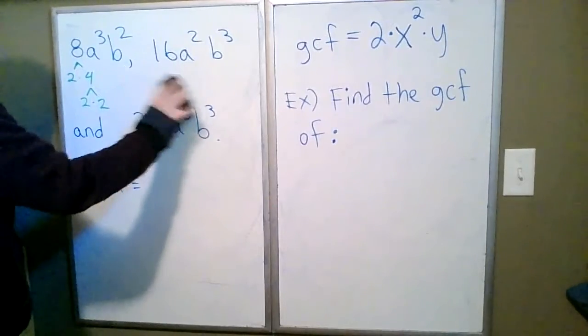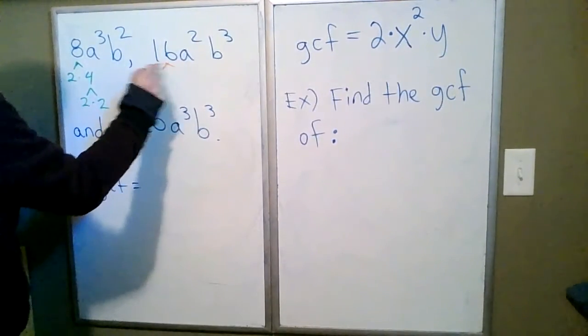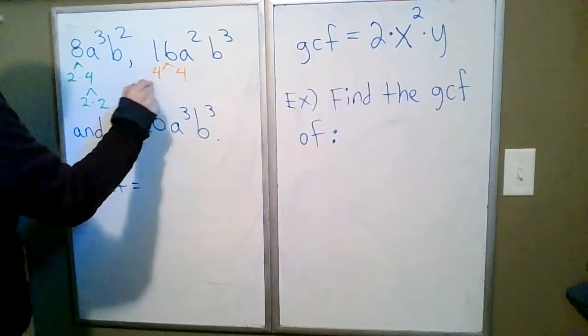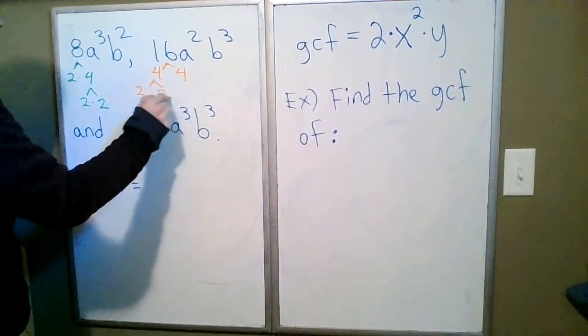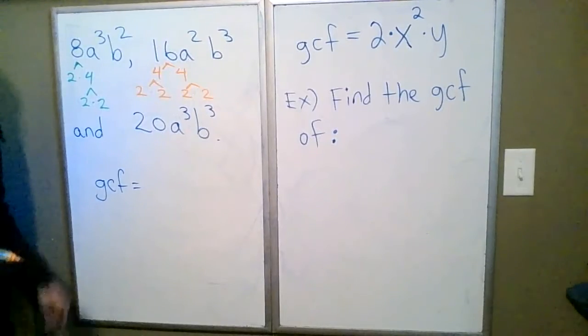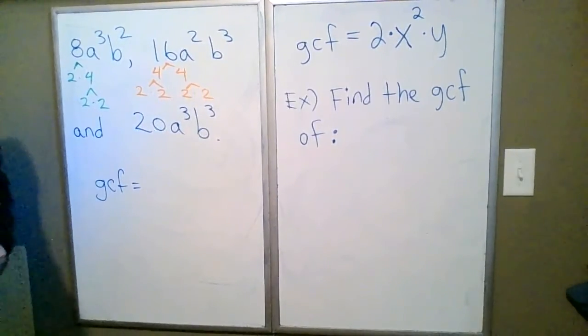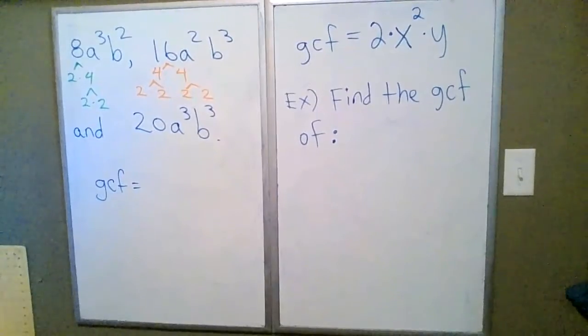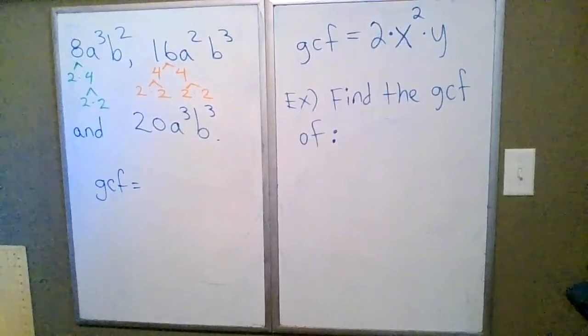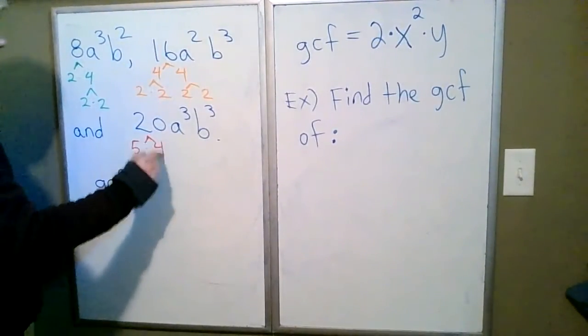I mean, it doesn't matter, really. We're just trying to fully factor this. It's just easier to read. Then factor 20, and write this as 5 times 4. It's 2 times 2.